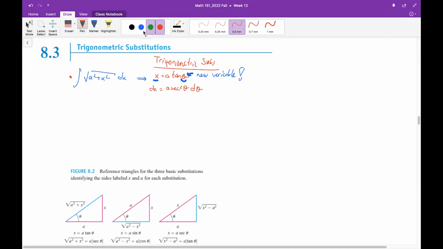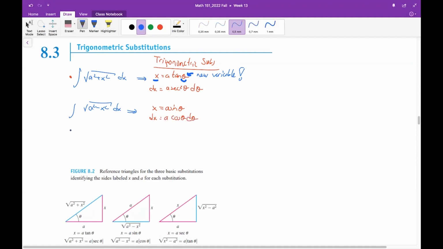Okay, so the most commonly used ones we were talking about: if you have a squared minus x squared here, if the function is of this type, then the trigonometric substitution should be x equals a times sine theta, then dx is a times cosine theta d theta, of course.